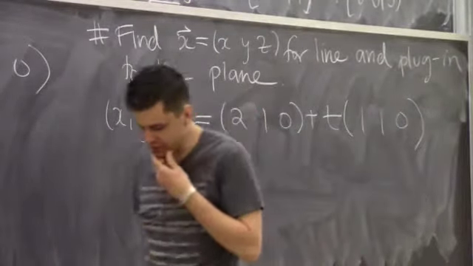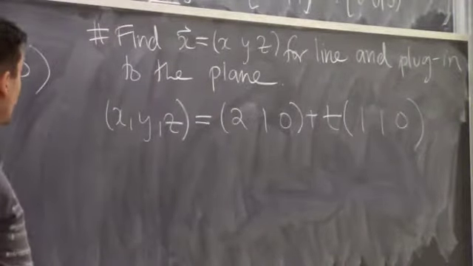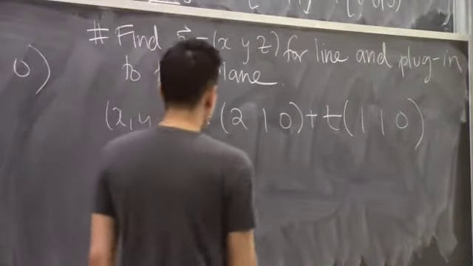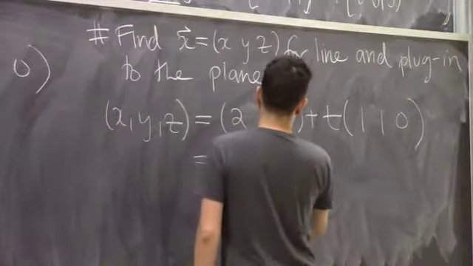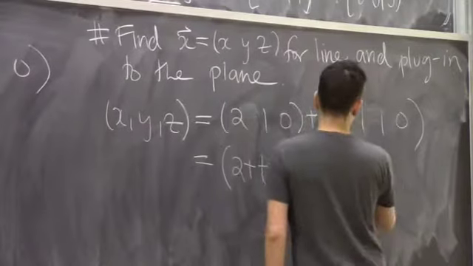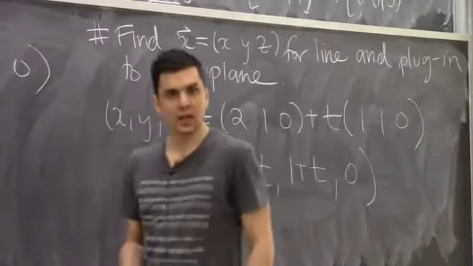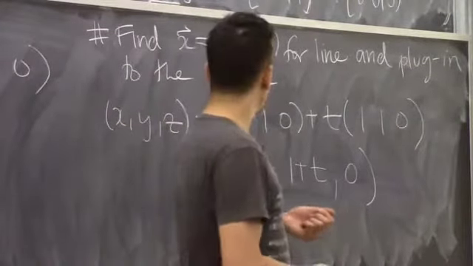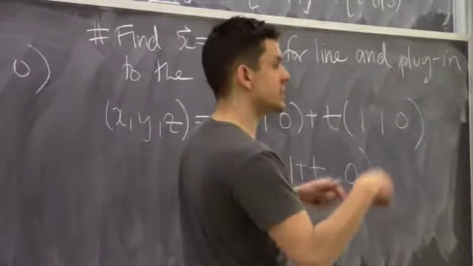There's our parametric equation. Now let's add the things and see what we get. That tells us the location of x, y, z. Good. And now we're going to substitute those x, y, and z into our plane.